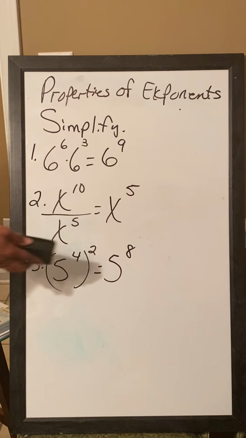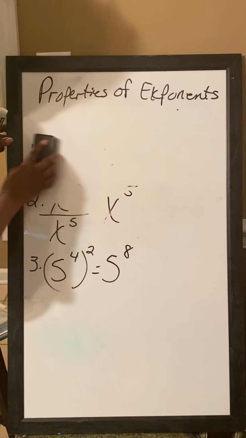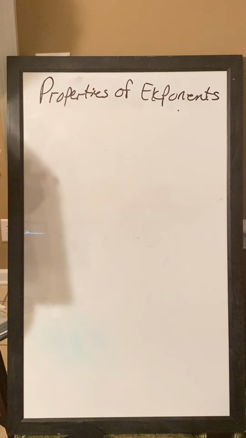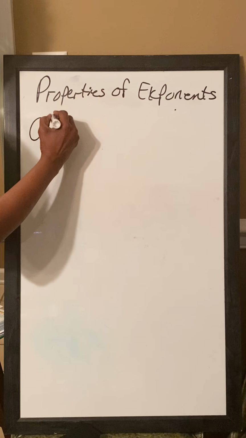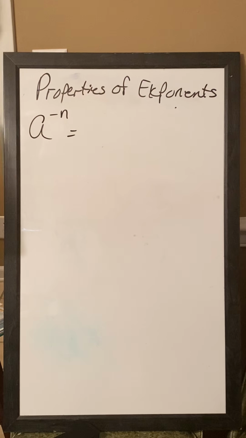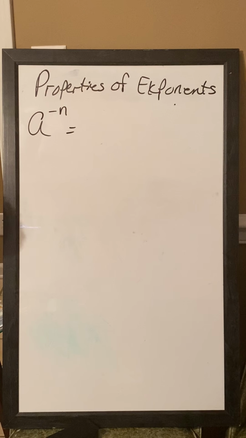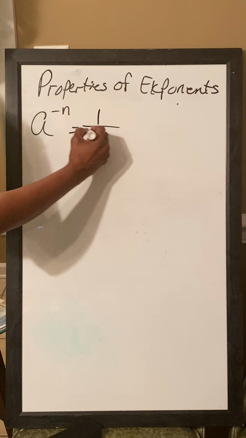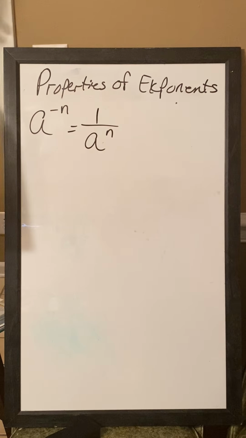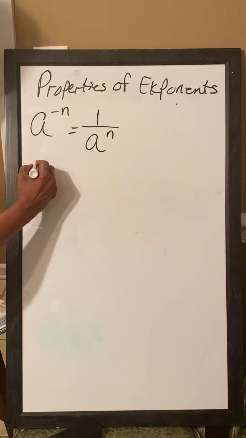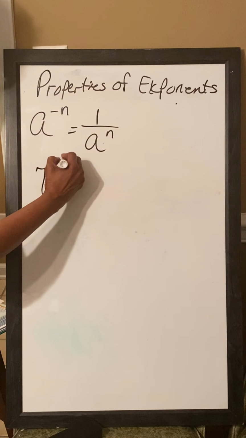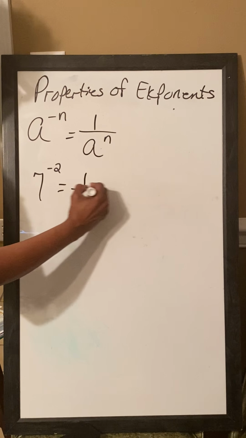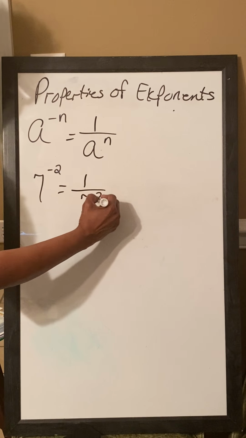Now there's one other property that I need to take you over right quick, and that is a negative exponent. So let me do that one and we'll be finished with this little quick lesson for today. If I had a raised to the negative n, to make this exponent positive, I'm going to write this as a fraction. It becomes 1 over a to the nth. So if I had 7 raised to the negative 2, I would rewrite that as 1 over 7 raised to the 2nd.